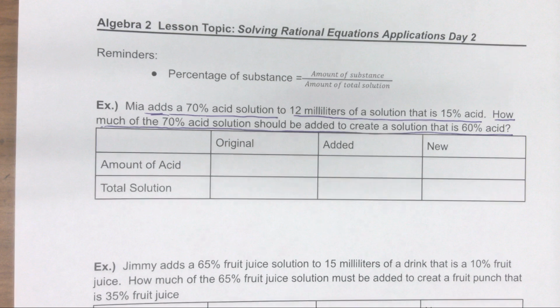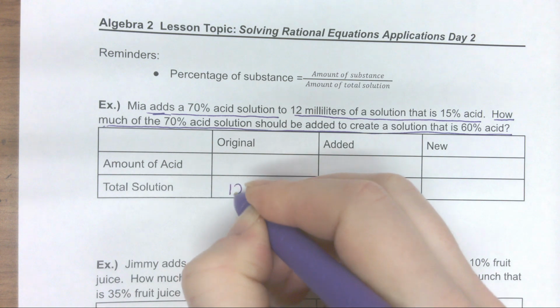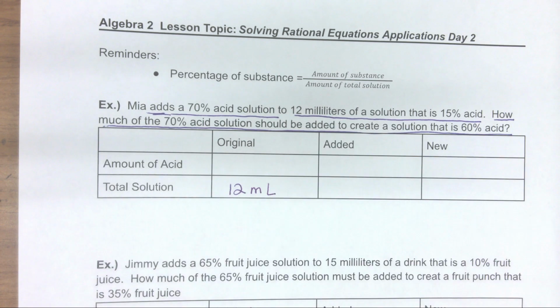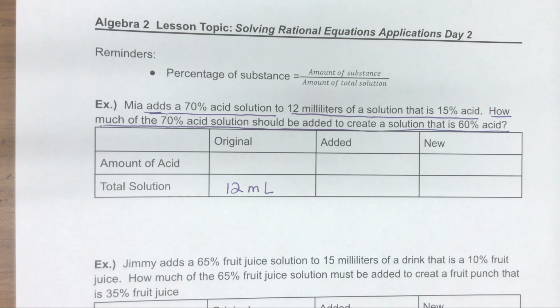So originally, guys, can you find for me the amount in milliliters of the original solution? Very nice. Originally, there is 12 milliliters. What percent acid is that original solution? 15%.